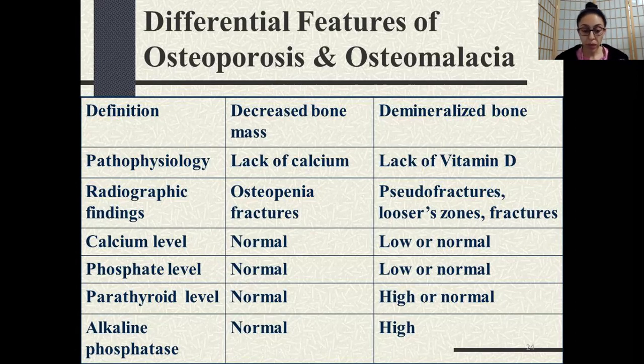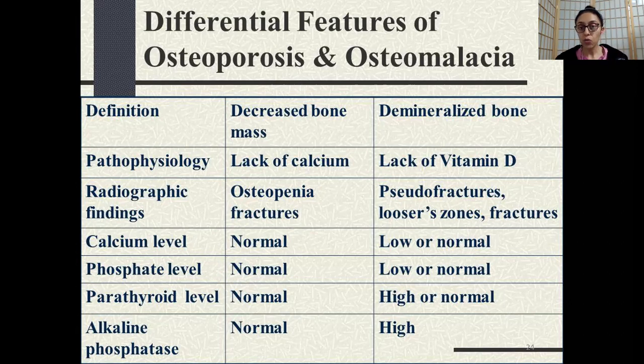So this migration from the blood to the bone is done with the help of alkaline phosphatase. Alkaline phosphatase is very high because it really wants to grab as much calcium as possible in the blood and send it into the bone, because the bones, as you know, are demineralized and very soft. They need the calcium.